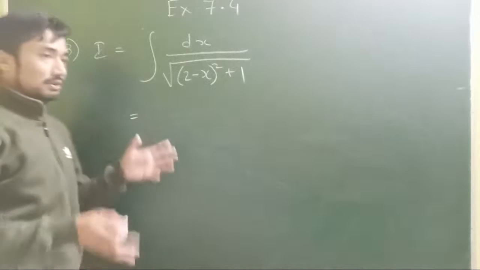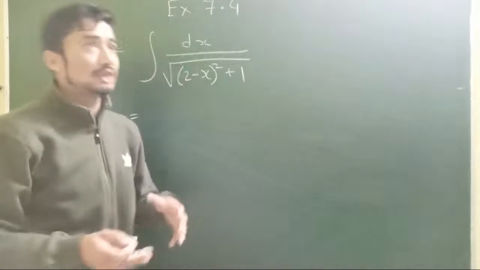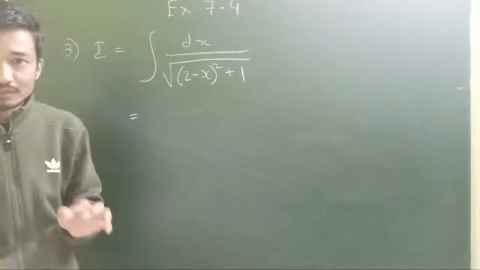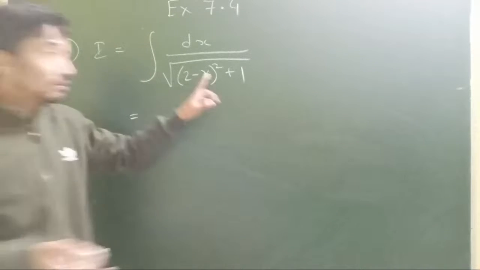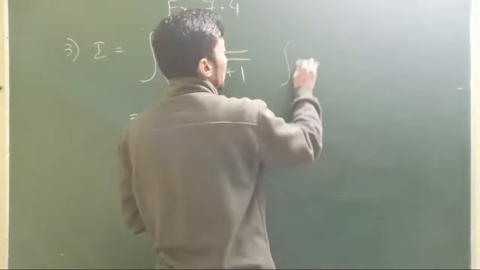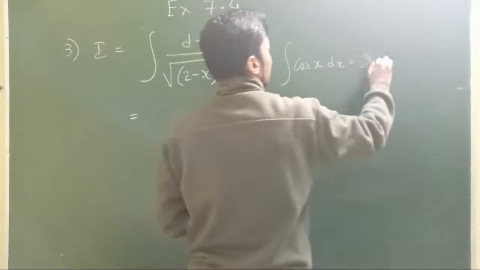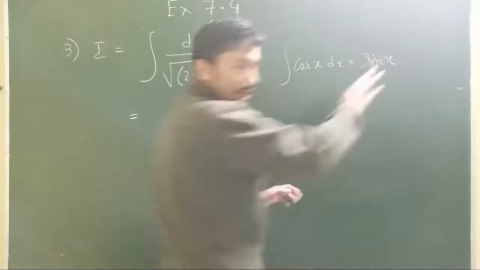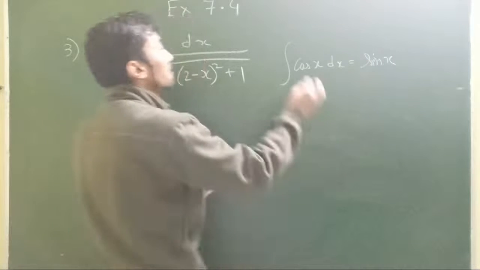So in substitution method, if you remember, I had told you that you can directly substitute without writing all the procedures if you are just careful about the coefficient. For example, integration of cos x with respect to x, we know that it is sine x plus c. I'm not writing that because c is not our concern here at the moment.